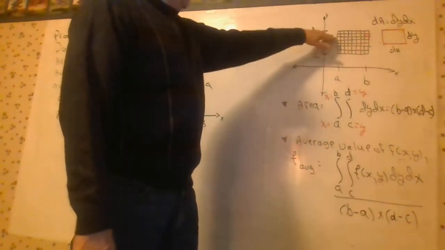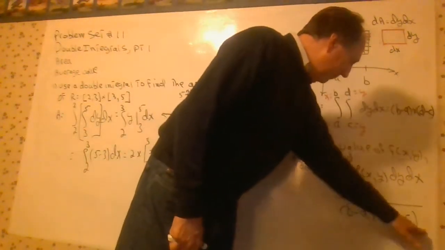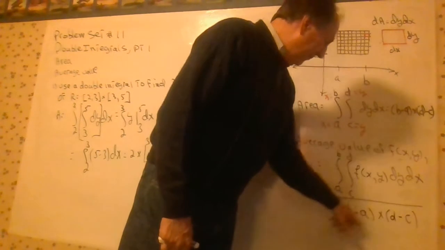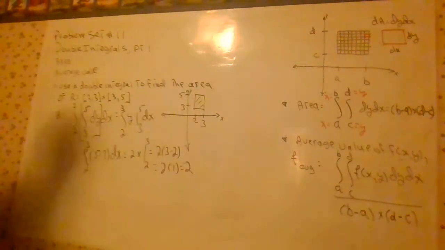This is an irregular shape. We'll see this area gets replaced by a double integral itself. We can place a double integral down here, but of course it's just as easy to just multiply length times width. And let me give you a simple example.